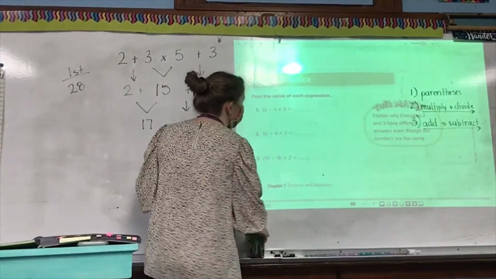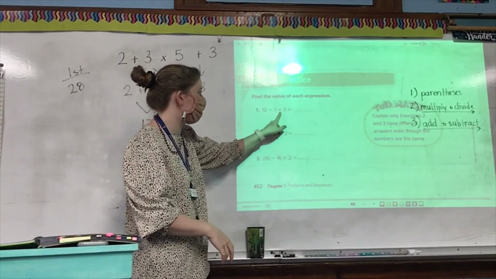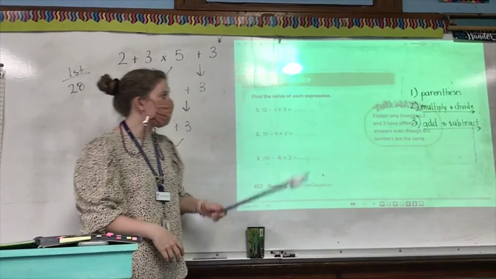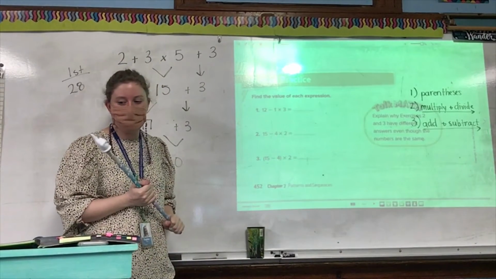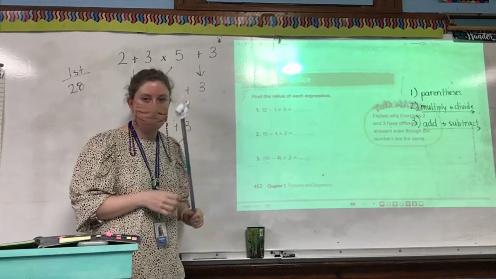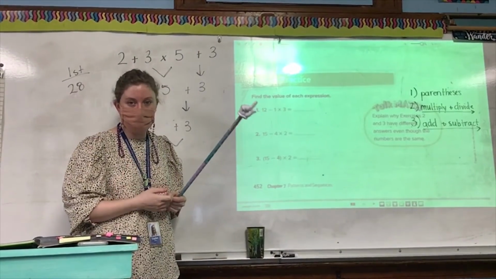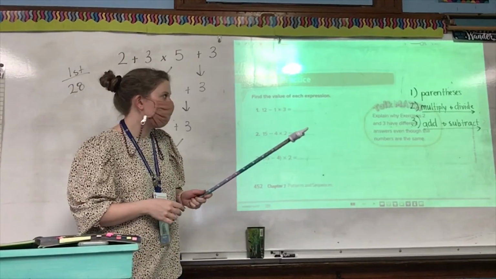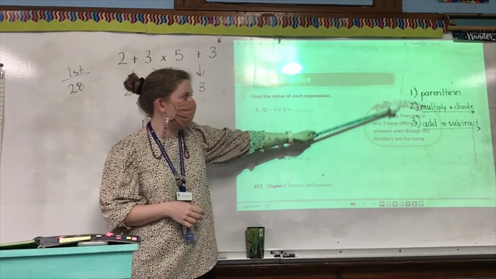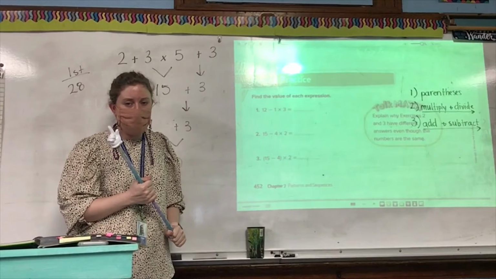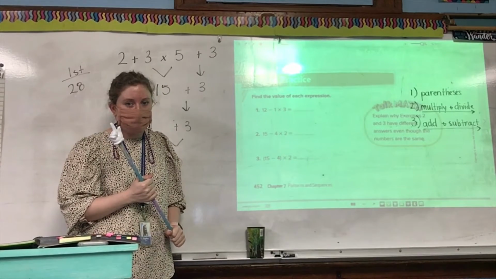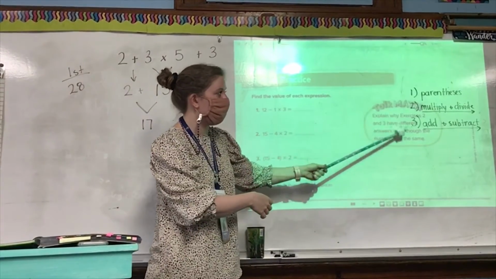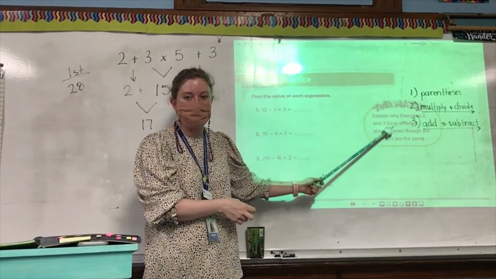Okay, number 1. We have 12 minus 1 times 3. Mason, what is our first step? Don't forget to unmute. Are we following the order of operations here, Mason? The whole point of examples 1 through 3 was to follow this order of operations that you should have written up at the top.